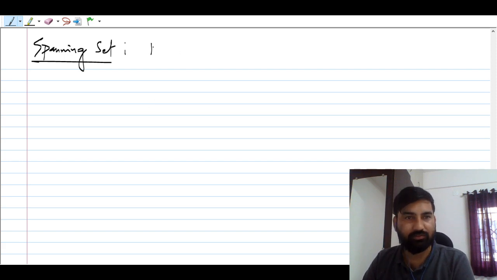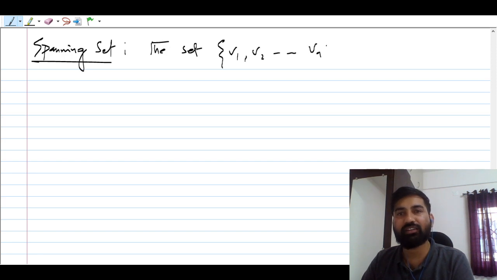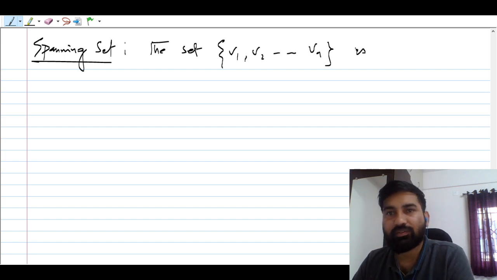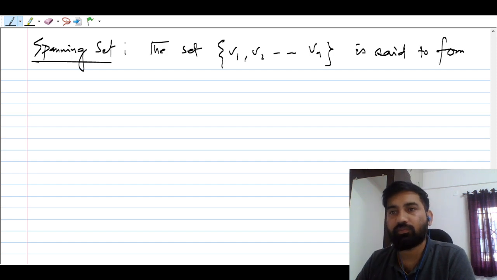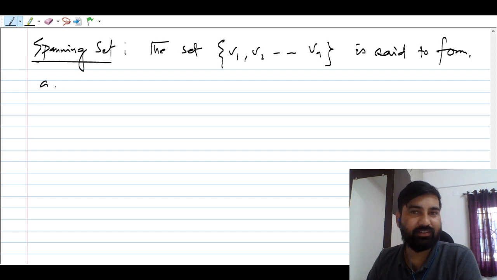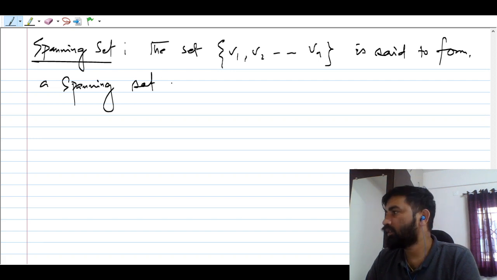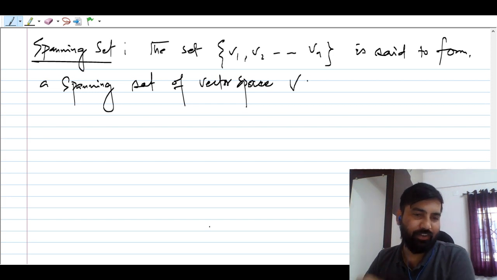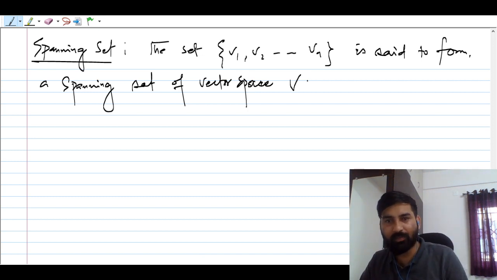The set v1, v2 and so on vn is said to form a spanning set of vector space V. Remember guys, we are filling the space by taking all sort of linear combinations.